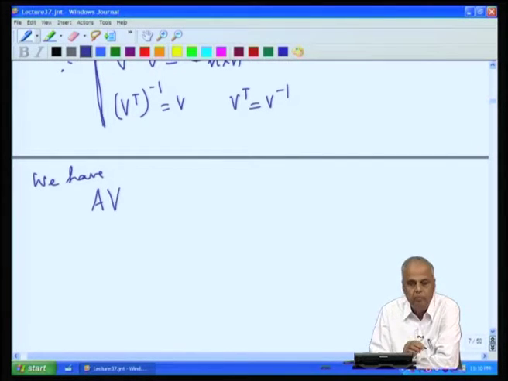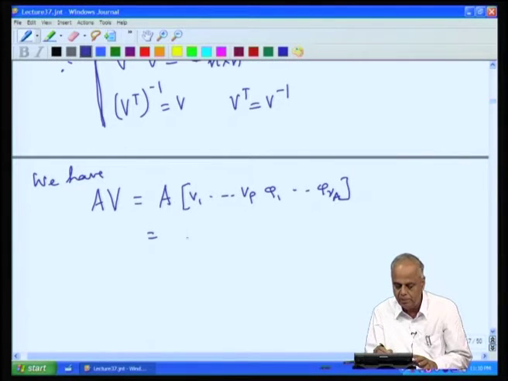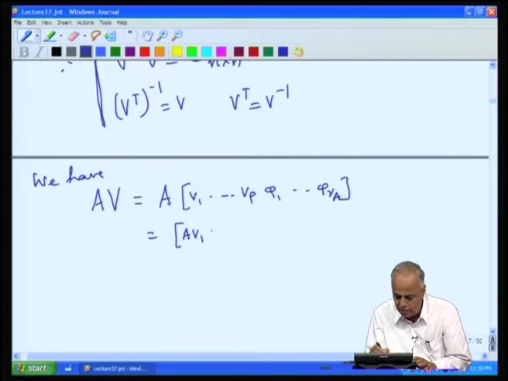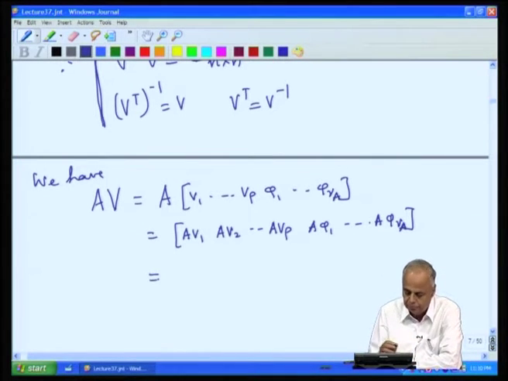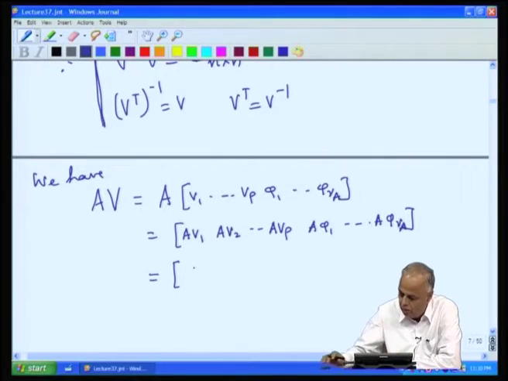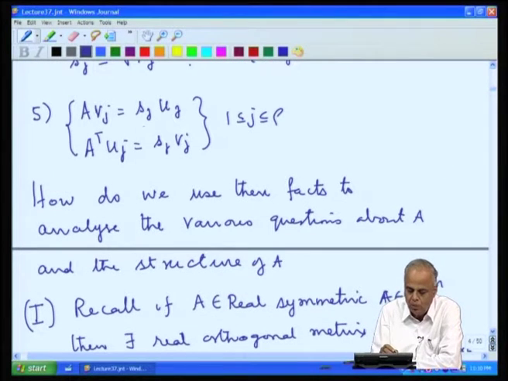Now, we look at A V. This is the same as A, V is this matrix phi 1, phi 2, phi nu A. Now, if you multiply, you get A V 1, the first column is A V 1, second column is A V 2, then A V rho, then we get A phi 1, A phi nu A. We knew from our choice of basis that A V j is S j U j.